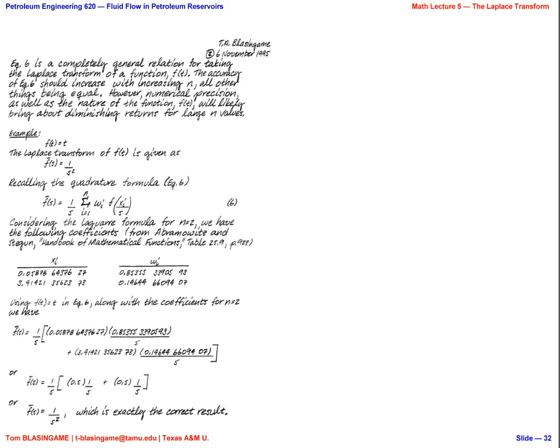Sorry about that. And you get these values from any handbook. In this case, it's Abramowitz. You end up with this sum equal to 1. So this is reduced to the analytical expression, right?